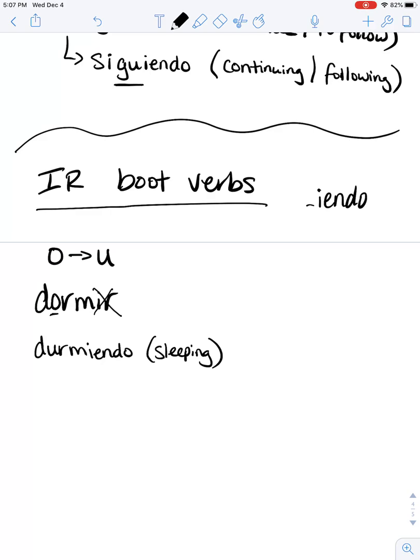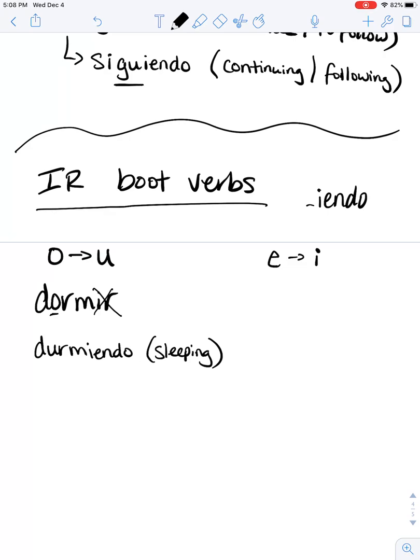The other change we have is for boot verbs that have E's, we change them to I. And we kind of talked about that up here with seguir. So seguir was one.